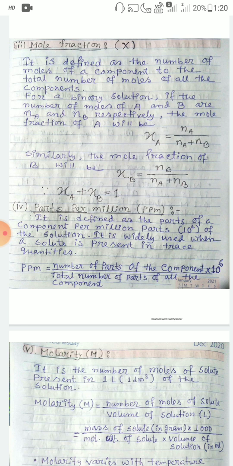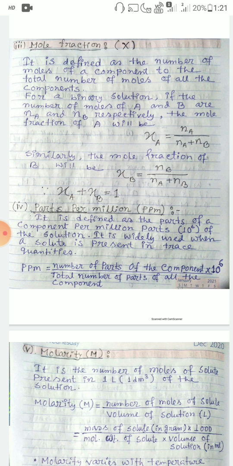Fourth, parts per million, or ppm. It is defined as the parts of a component per million parts, that is 10 to the power 6, of the solution. It is widely used when the solute is present in a very trace quantity.